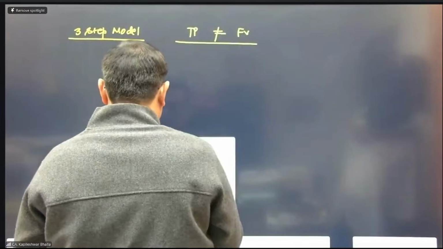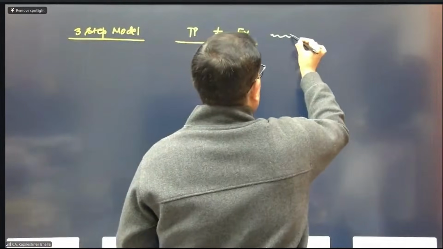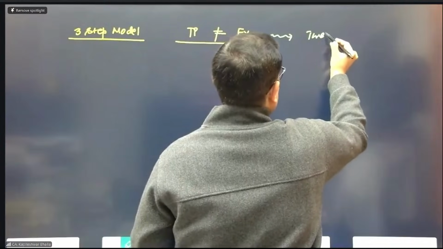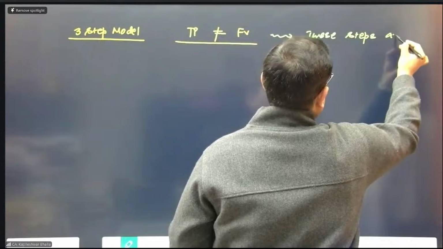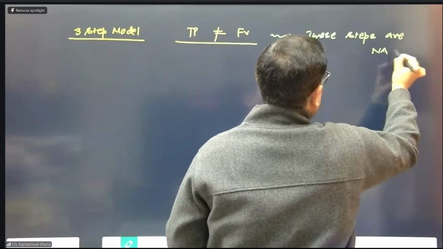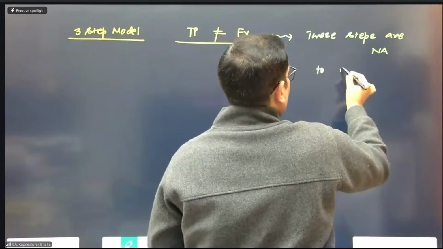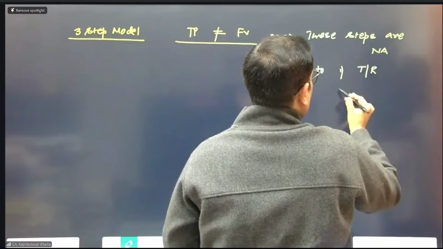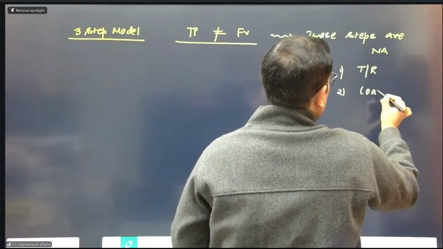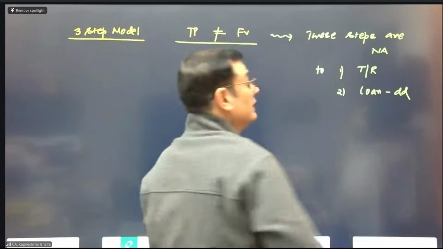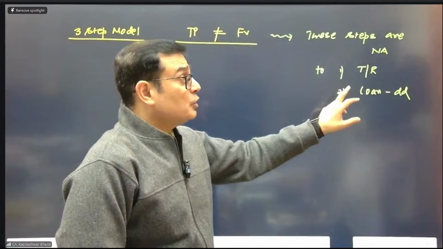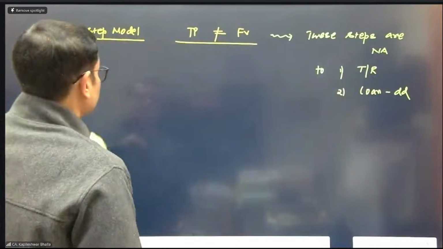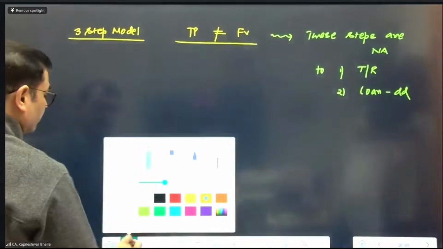Let me first of all pinpoint that these steps are not applicable to number 1, trade receivables, and number 2, a loan which is recoverable on demand. Even though it is supposed to be between related parties, do not consider this concept. So let's begin with step number 1.